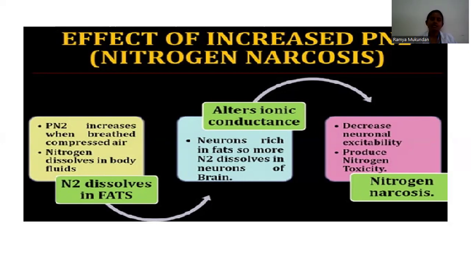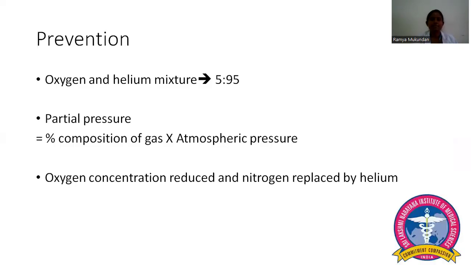It alters the conductance of the neuron, resulting in narcotic effect, resulting in nitrogen narcosis. So I've already told you it can be prevented by replacing nitrogen with one other gas. Here it is nothing but helium. So when nitrogen is replaced with helium, we can prevent all those ill effects of nitrogen caused to the human body under different depths.